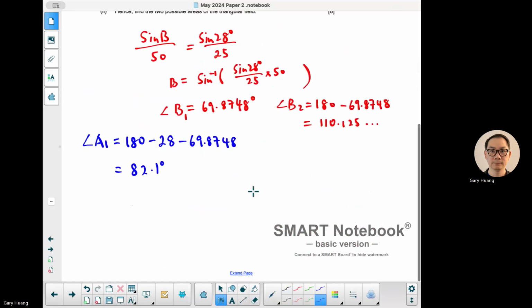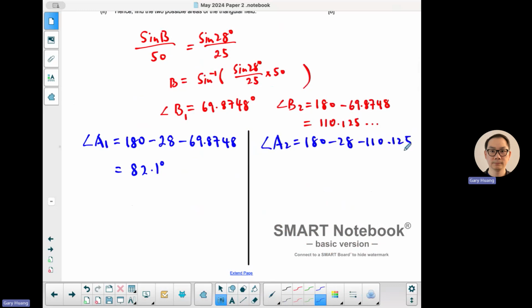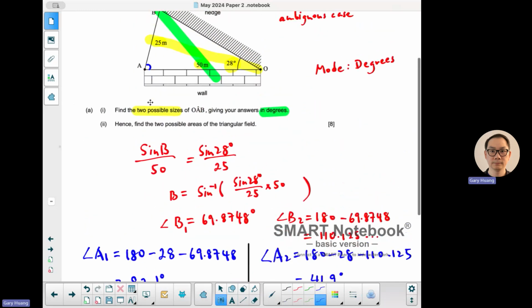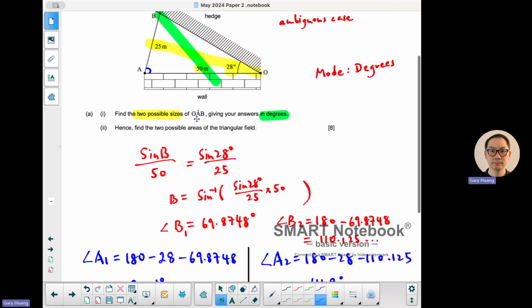A2 is going to be 180 minus 28 minus 110.125. That's going to round off to 3 sig fig, 41.9 degrees. Okay, so that's part A1, find the two possible angles of angle OAB.